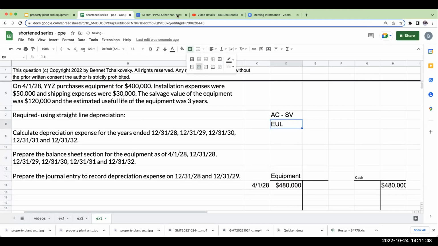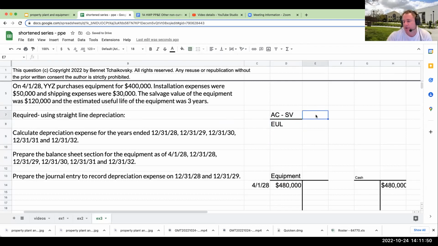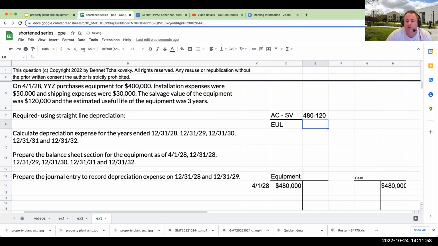My acquisition cost is 480,000. My salvage value, it says right over here, was 120,000. This is divided by my estimated useful life of 3 years. So another way of writing this is 360 divided by 3, which is $120,000.